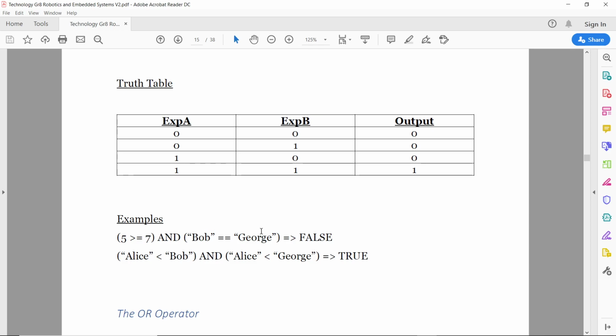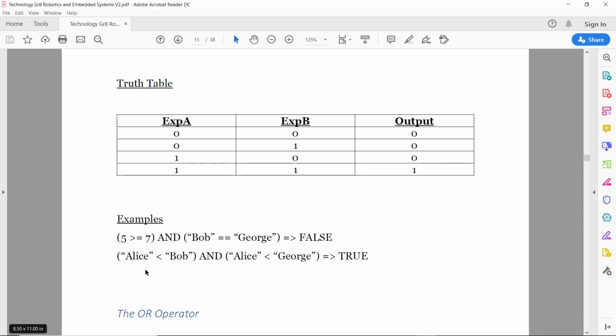This is checking to see if these two words are identical, and they are quite clearly not identical. So we've got false and false. Two falses give us a false, so the answer to that statement is false.